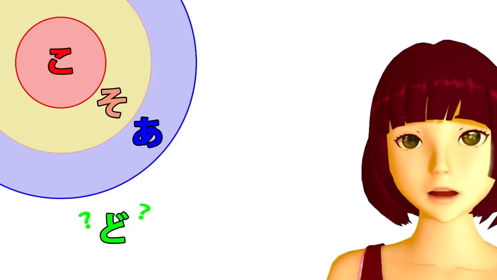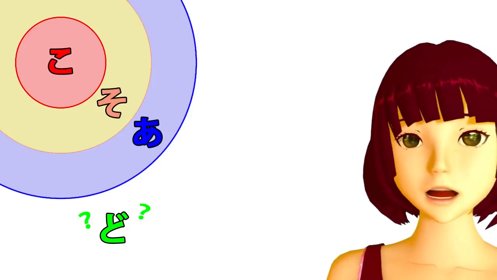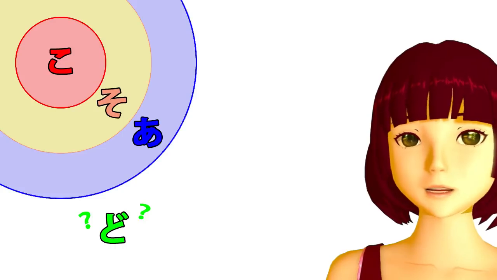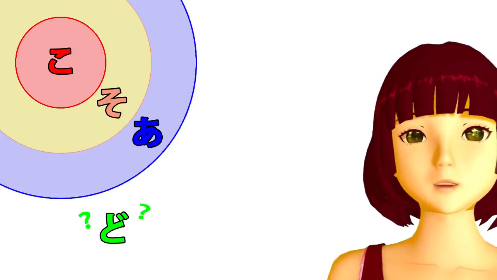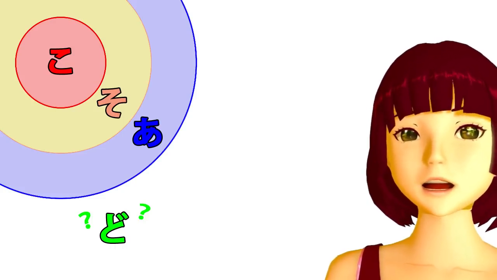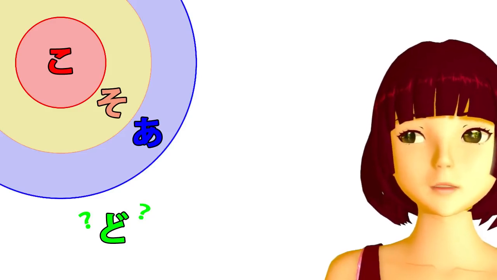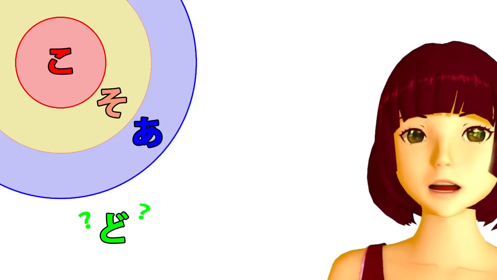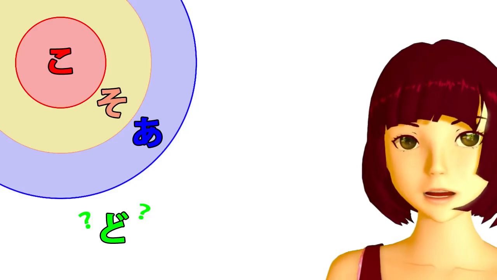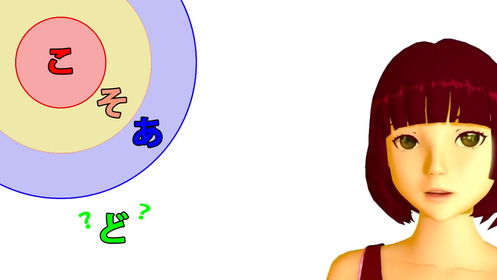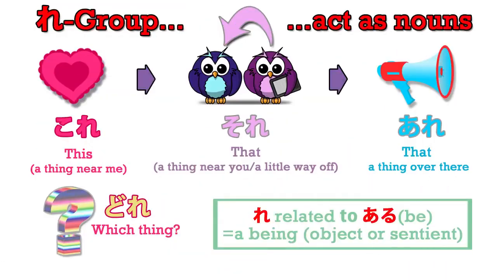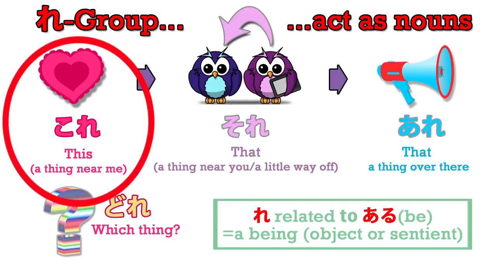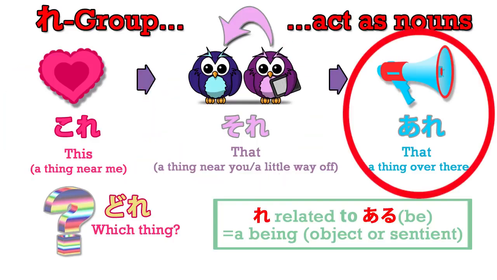And now we're going to look at something that does occasionally confuse people, and that's because when we come to the re and the no group, in English we express both with the same word, but we do have the distinction, so let's look at those. The re group is kore, sore, are, dore.